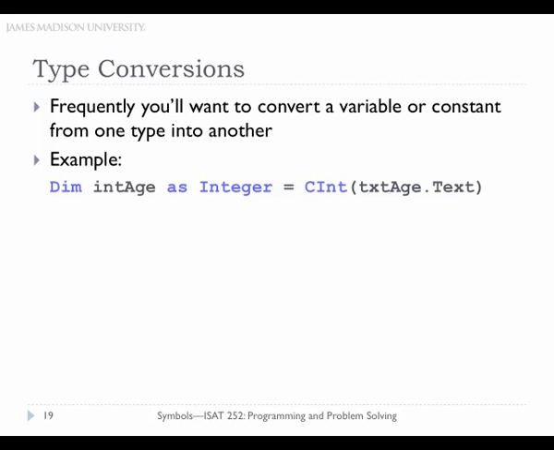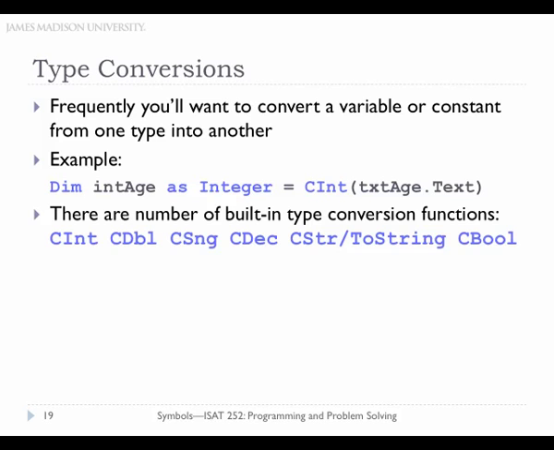You can use this CInt or convert to integer function, which takes a single parameter, a string value, which it tries then to convert into an integer. There are a number of built-in type conversion functions like CInt, CDbl, CSng, CDec, CStr.